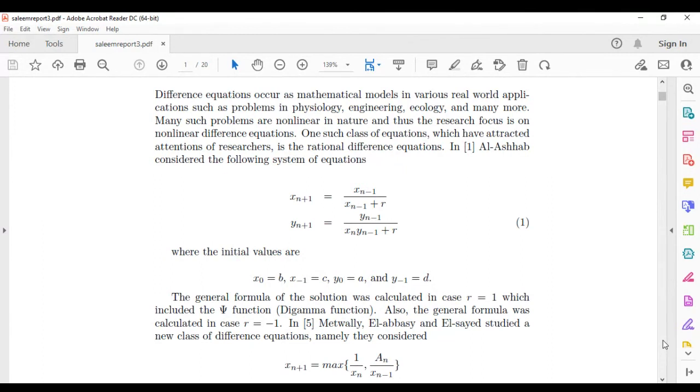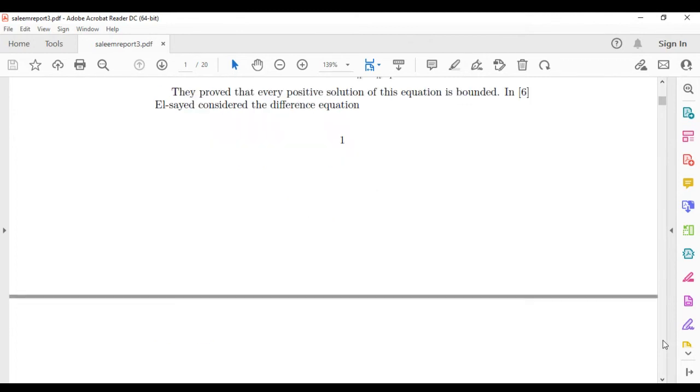We see, for example, the difference system one, and we see that we have four initial values. We considered this system earlier in other papers, and we are going to develop the theory and generalize such systems of difference equations.